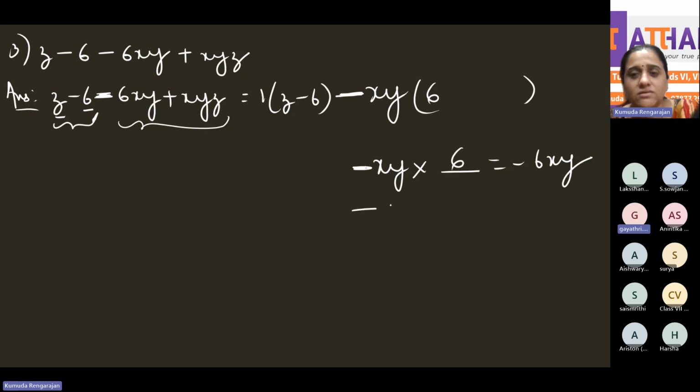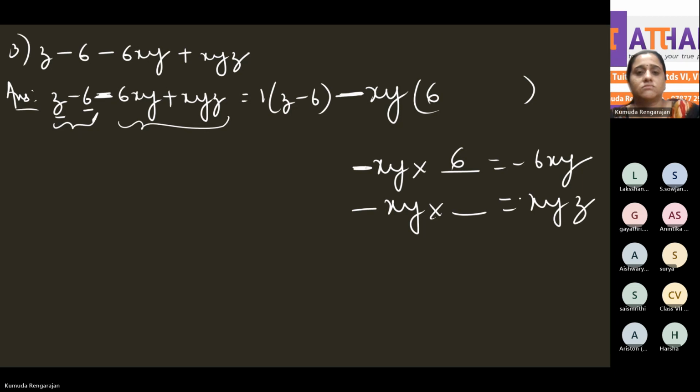Now minus xy into what will give you the fourth term, xyz? Minus z. Minus z. Are you all getting this? Yes, ma'am. Okay. So minus z. Now what do you have in the two brackets? z minus 6, 6 minus z. But if we had rearranged, we would have got the same term, z minus 6, z minus 6.